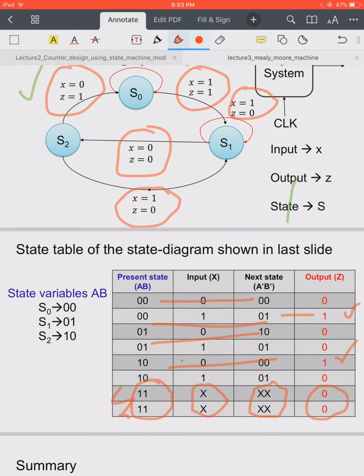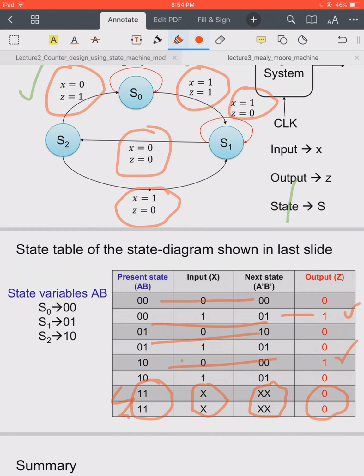Conventionally the output is set to 0 if it is not defined, so you should not set the output to don't care for any undefined condition. This way we can define the state table.